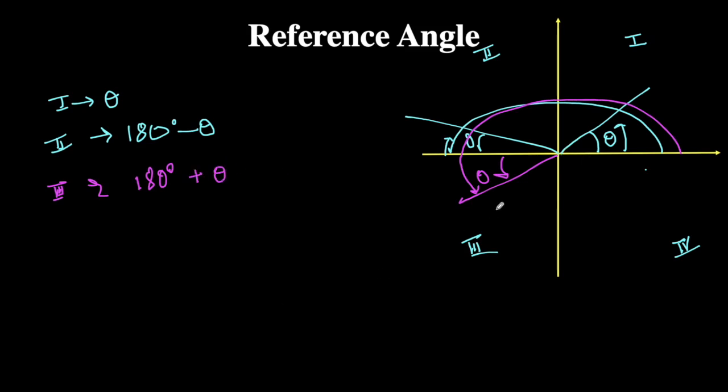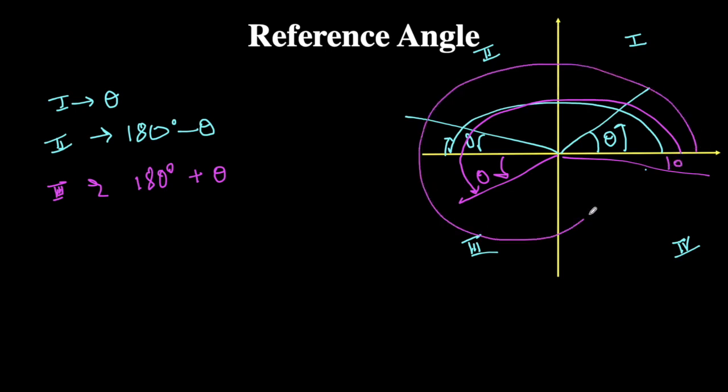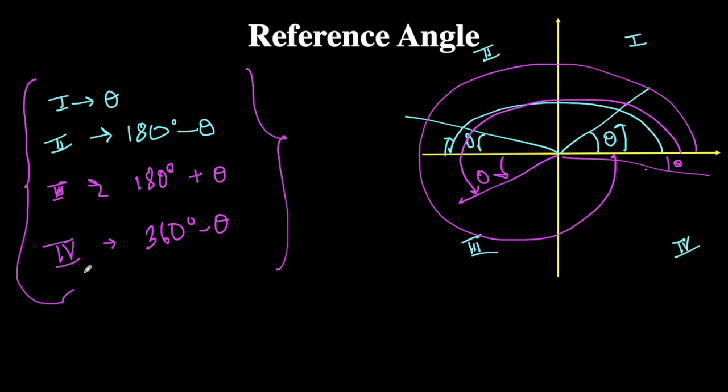Similarly we will have another one here. Let's say we make this one also theta. So if you try to calculate from here, it will be 360 take away theta. So in the fourth quadrant the reference angle is 360 degrees minus theta. So this is the concept of reference angle.